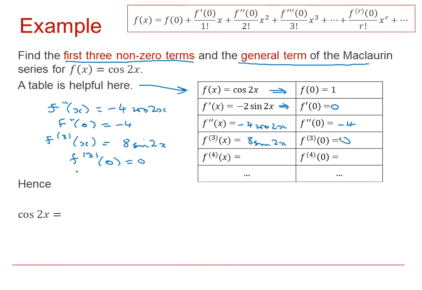And just one more, the fourth derivative of x gives us 16 cos 2x, and if we find the fourth derivative when x is 0 we get 16. So by putting all our calculations and derivatives in a table, it allows us to keep things well organized.